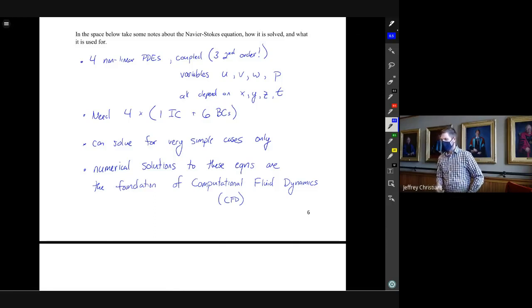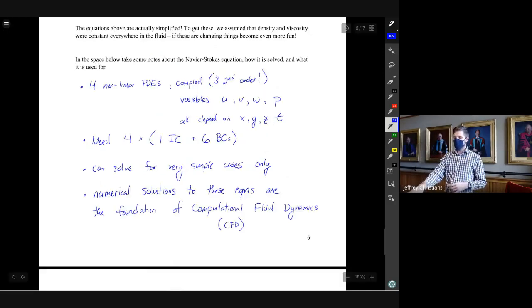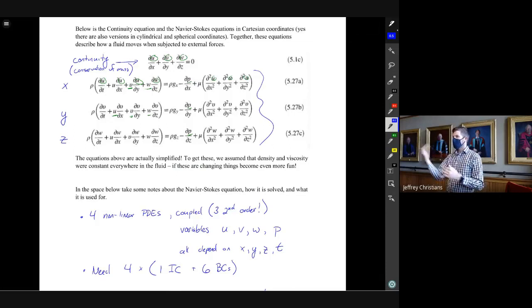So if you ever run across CFD, what you're actually doing in any CFD model, you're setting up the system and saying, hey, computer, take these 4 equations and these 4 unknowns and approximate them numerically.